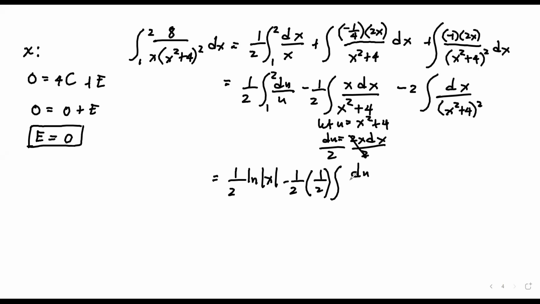Negative, magiging ganyan siya, du over u. Kasi ang x dx, that is equal to 1 half du over u. Minus 2, let u be equal to, ganun pa din, x squared plus 4, and the derivative of u is 2x dx.